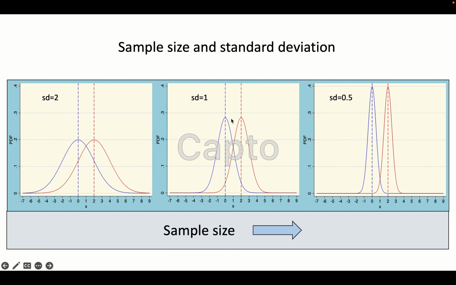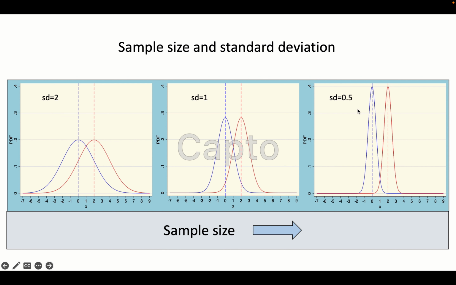So it's going to be relatively easier to demonstrate a difference between this mean and this mean. And if you further increase your sample size, your standard deviation is going to be even less than this. So it's going to be even easier to demonstrate a difference between these two means.